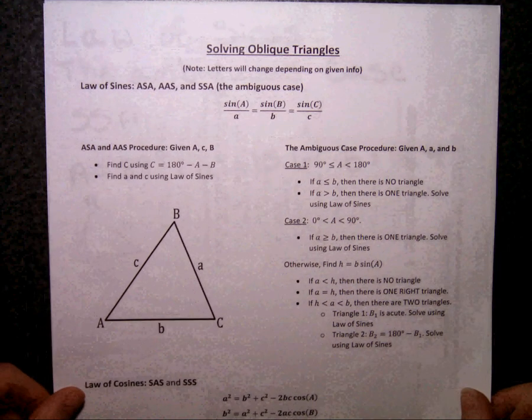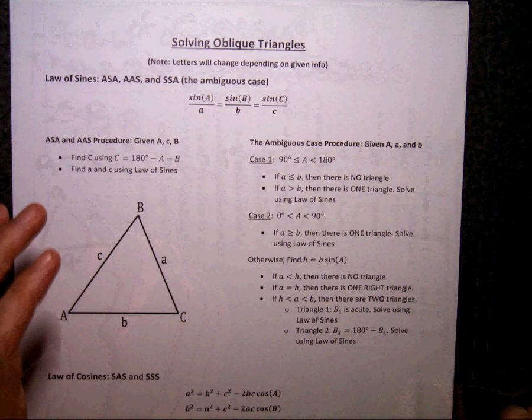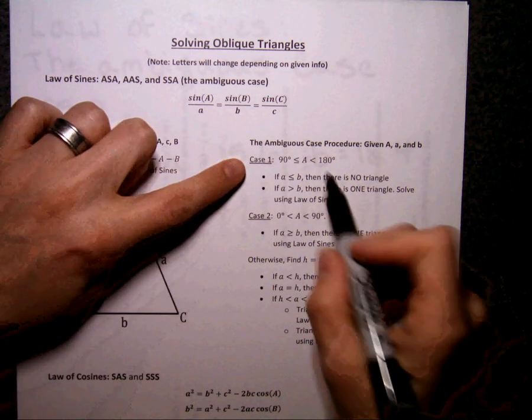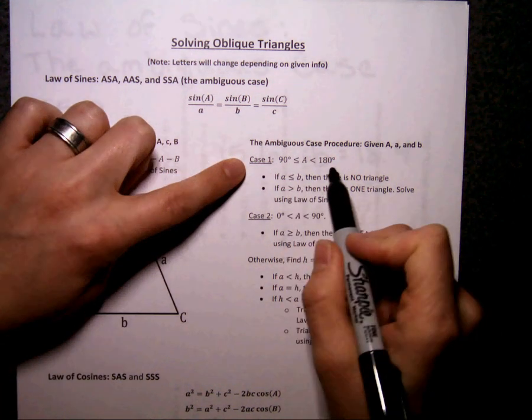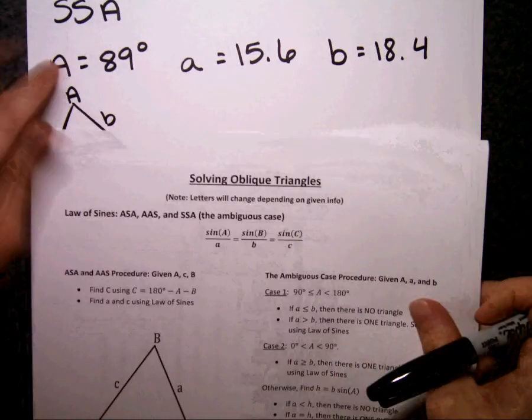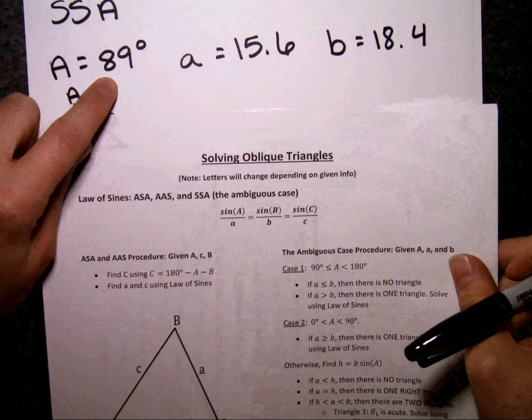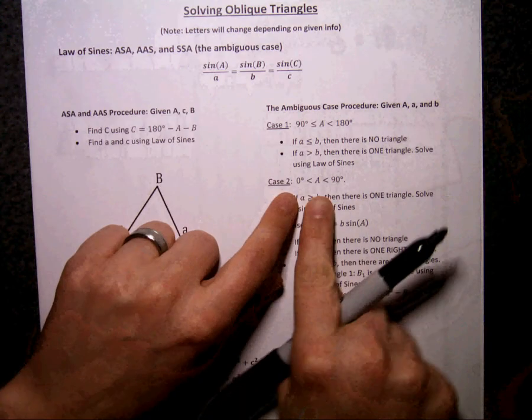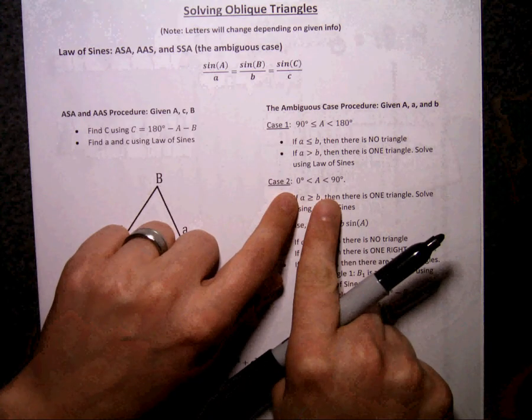Case 1 says that the angle we're given is between 90 and 180 degrees. The angle that we're given is 89, so this is not case 1, this is case 2, where the angle I'm given is between 0 and 90 degrees. I have different bullets that I need to check to see how many triangles I have.